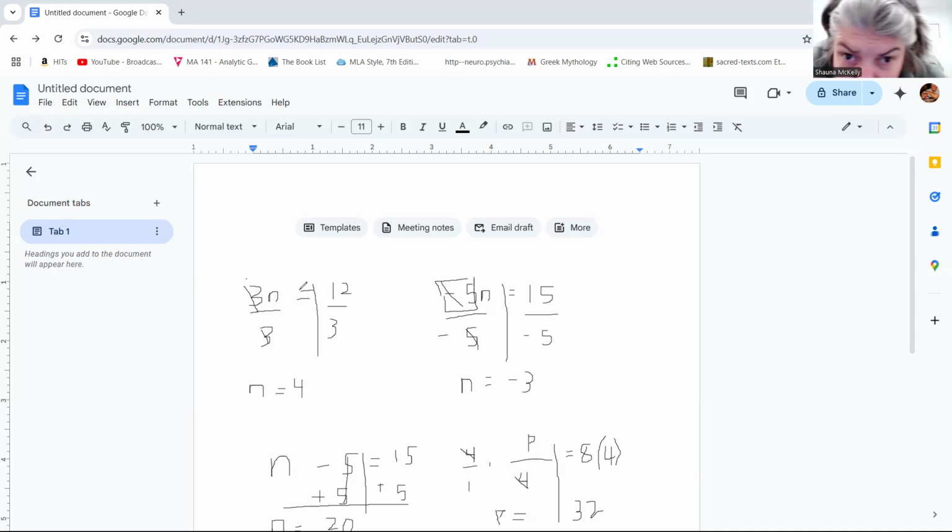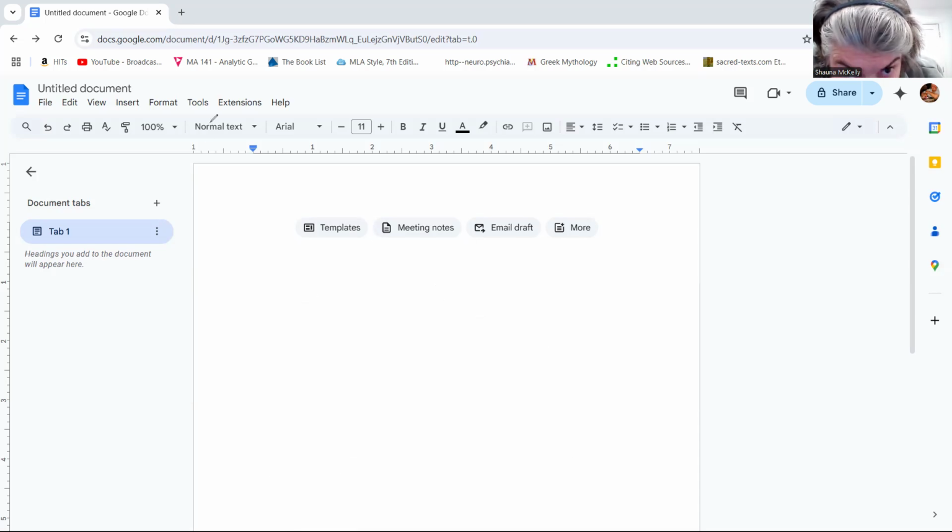We're going to try some 2-step equations. You can try them with me as we go. So I'm going to clear my drawings at this time, and I'm going to stop my screen share because I'm going to switch my screen share to something else.